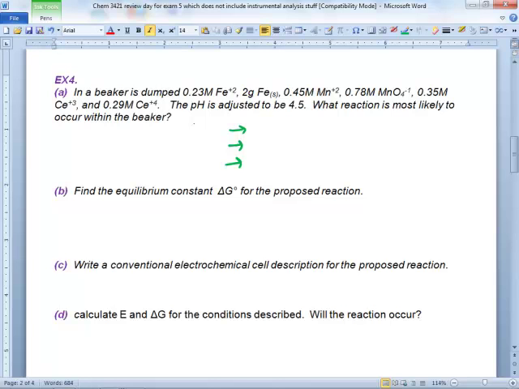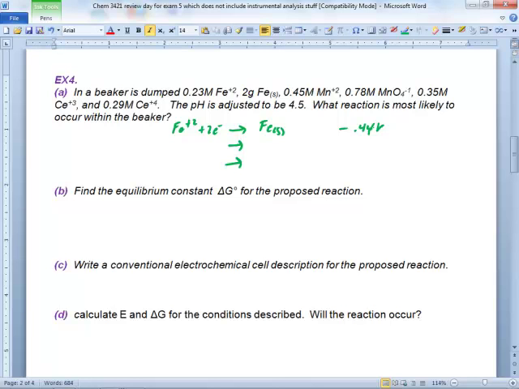Probably just write them all as reductions, and then it's easier to do the flipping later. What I mean is just copy them all exactly as they're written in the table. All right, this would be the first one I would write. Identify the other ones. Manganese and permanganate one. There it is.